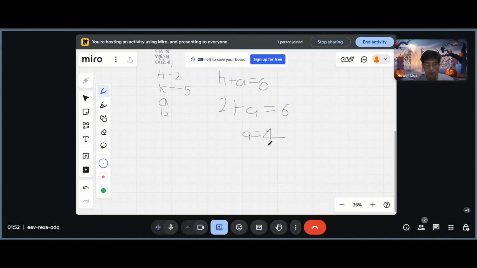So considering we have the value of a as 4, it is now considered final.